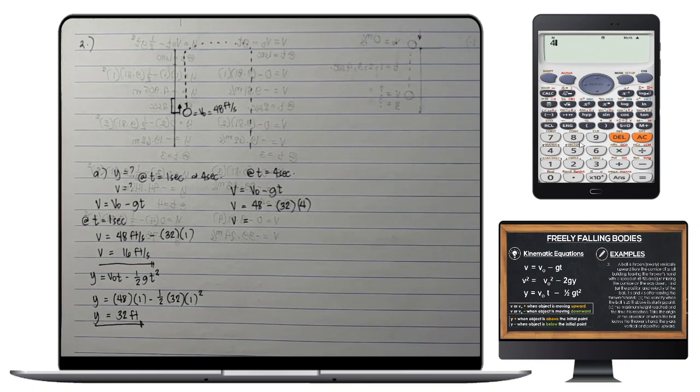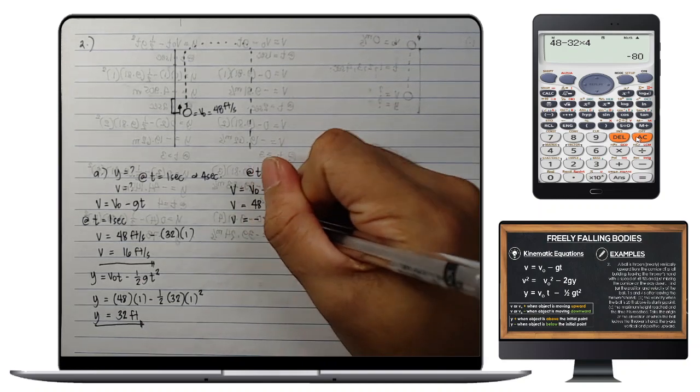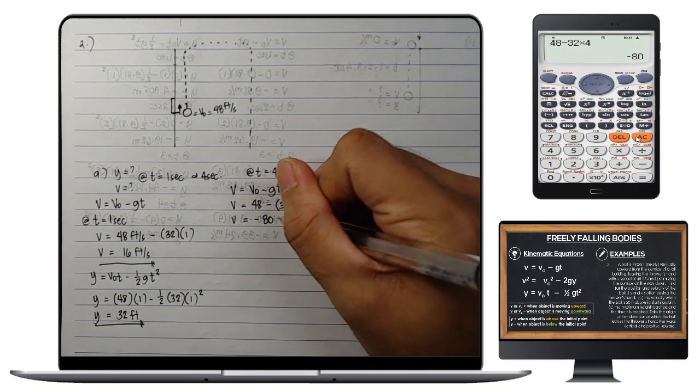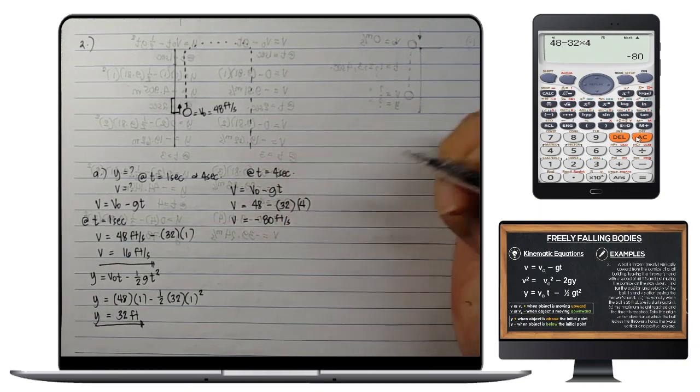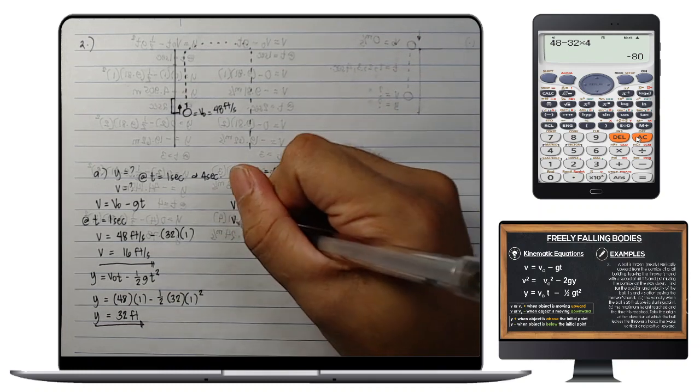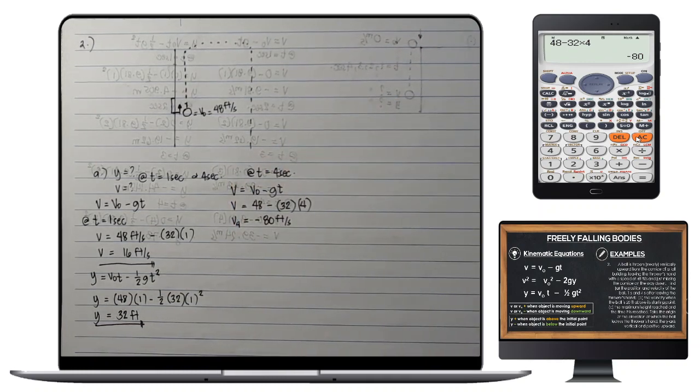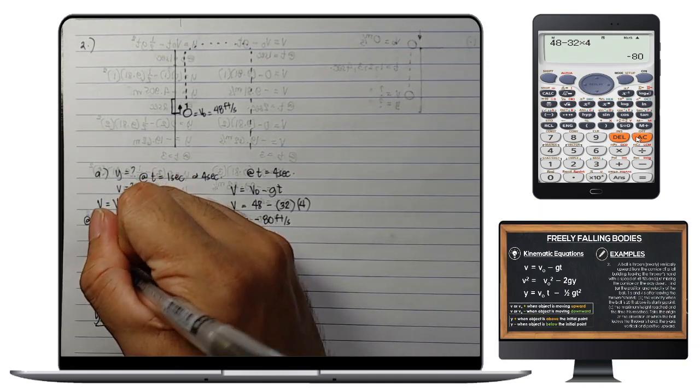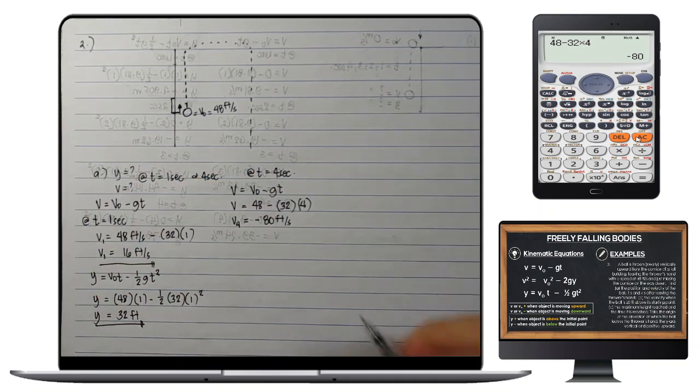We have 48 minus 32 times 4, which equals negative 80. So our velocity is negative 80 feet per second. Let's call it v sub 4, the velocity after 4 seconds, while the other one is v sub 1, the velocity after 1 second. So our v sub 4 is negative 80.